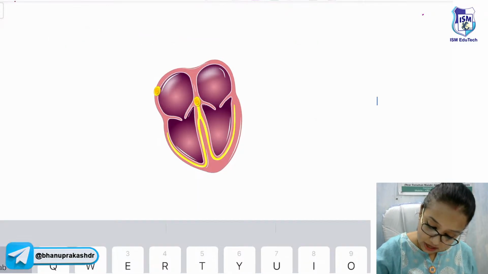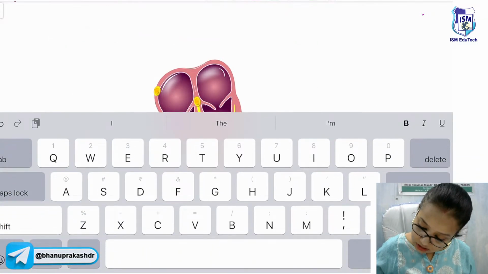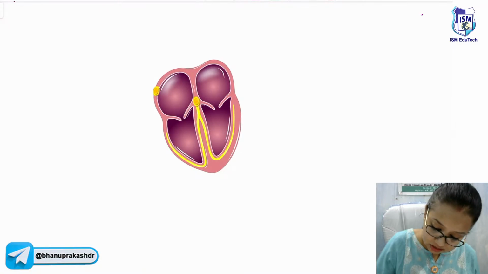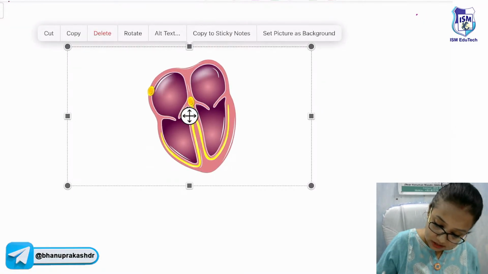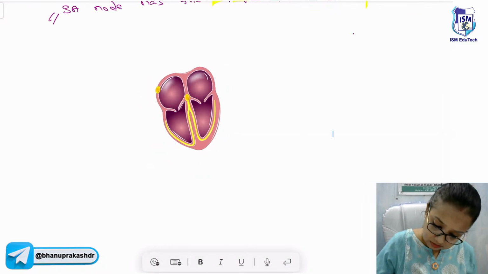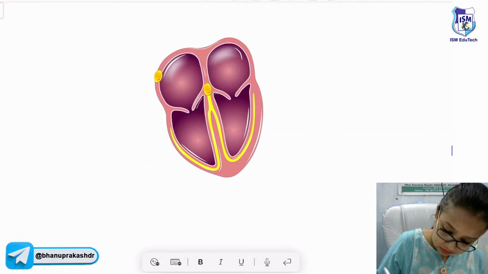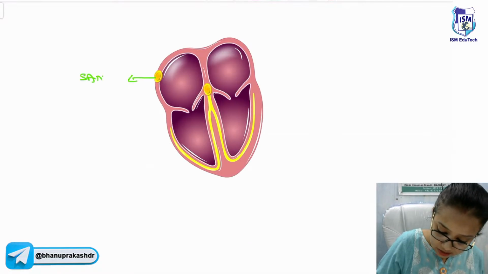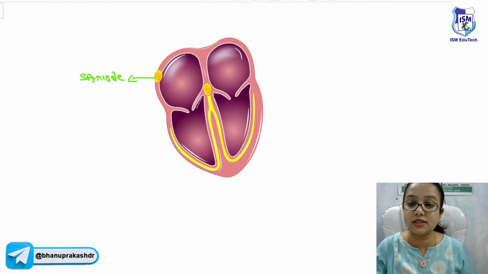The SA node, which is on the right atria, is what generates the impulse.